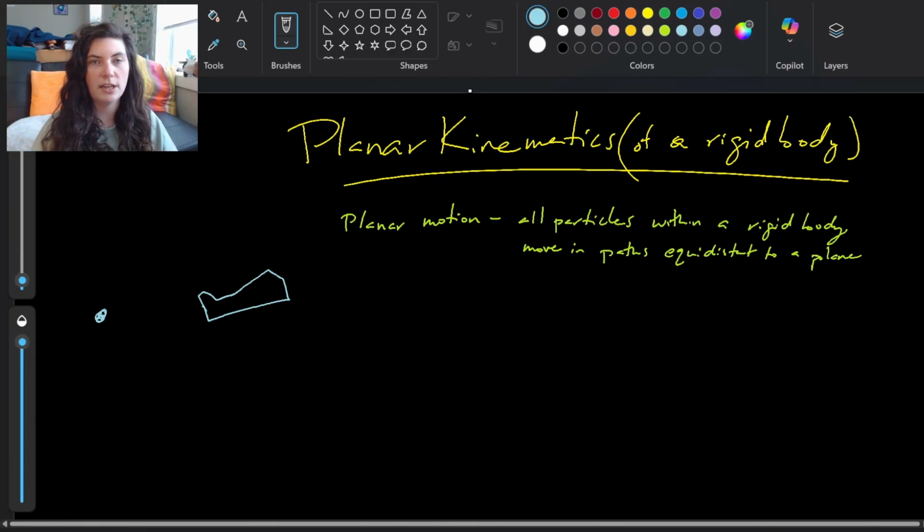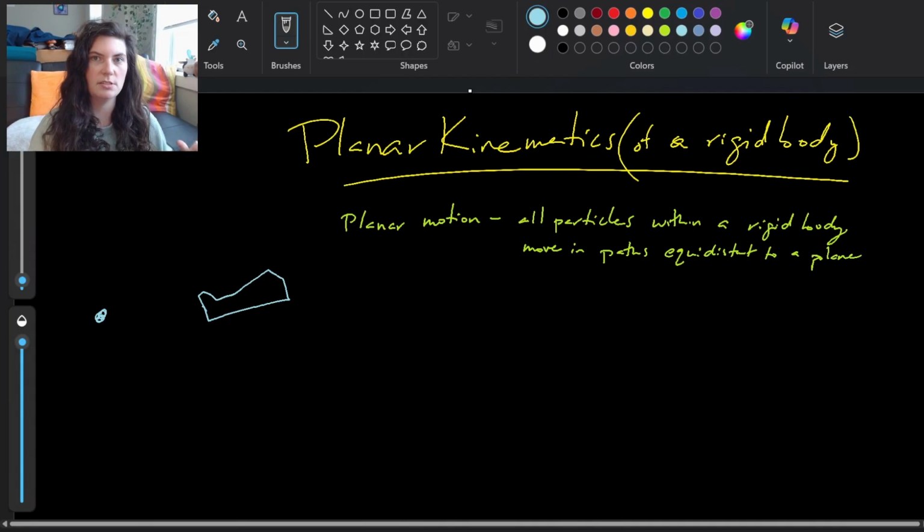So with our planar kinematics, what we're really looking at here is planar motion. And what that means is basically we're not looking at 3D motion per se, where a pin is spinning and coming at you and going through lots of crazy 3D motion. Instead, it's going to be all within a plane, right?